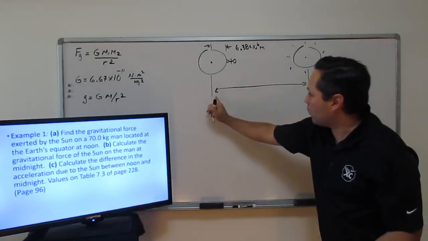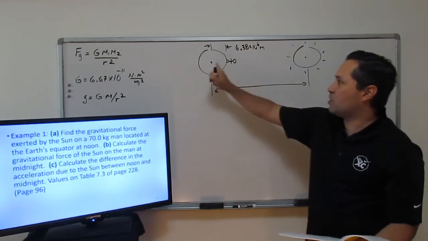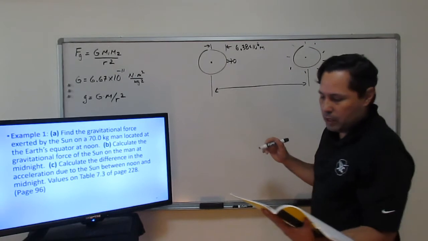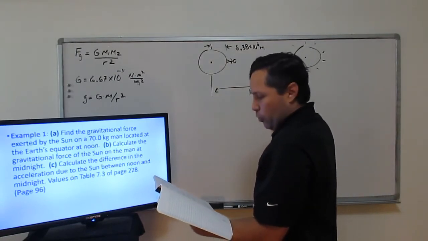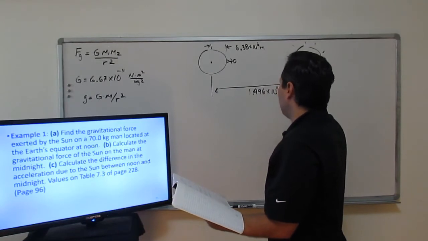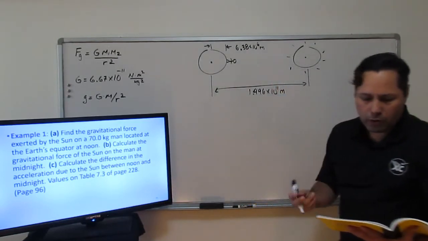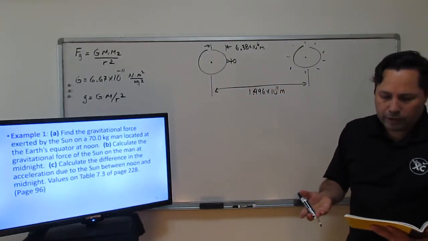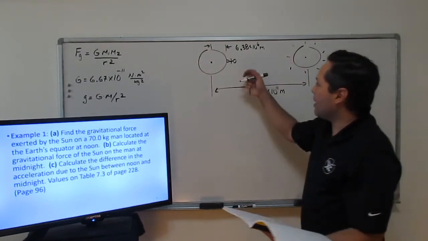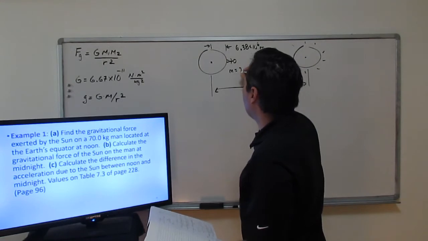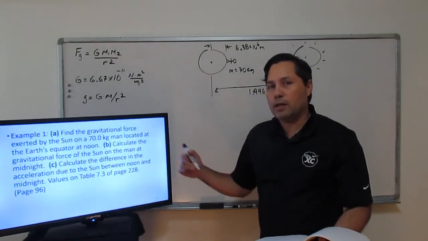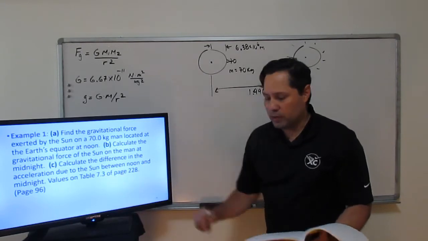And the distance from the center of Earth to the center of the sun would be 1.496 times 10 to the 11 meters. Okay, so those are the values that we need. Other values that we'll need also would be the mass of the man, which we know to be 70 kilograms. That was the only value given to us during the problem. And the other ones come from the table.